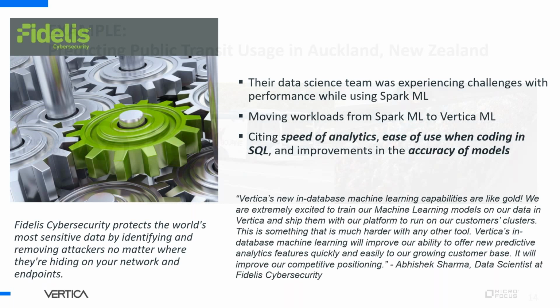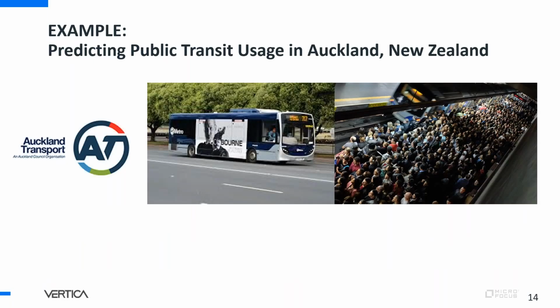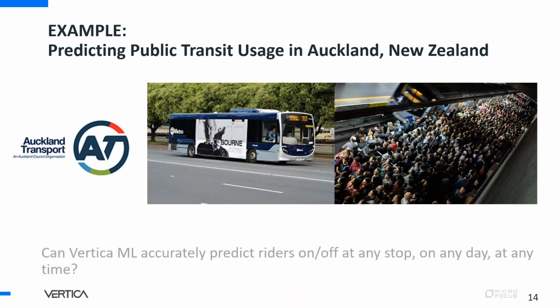One of the recent examples we have done is in Auckland, New Zealand. For their public transportation system, they are also using Vertica as a predictive analytics tool, and the use case was that they want to predict how many riders will be at a particular stop.